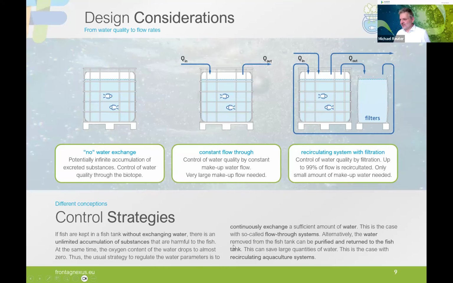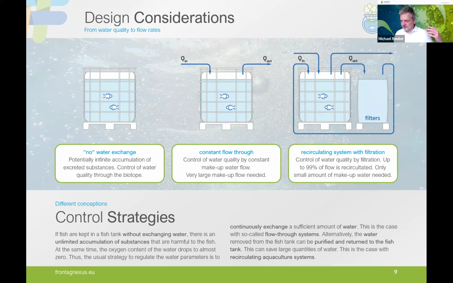As I already said, the different aquaculture systems that exist correspond to different control strategies for the water quality. In a pond, we have more or less no water exchange. That's not really true because there's rain running in, there's some water that evaporates, or there's some exchange with the environment.